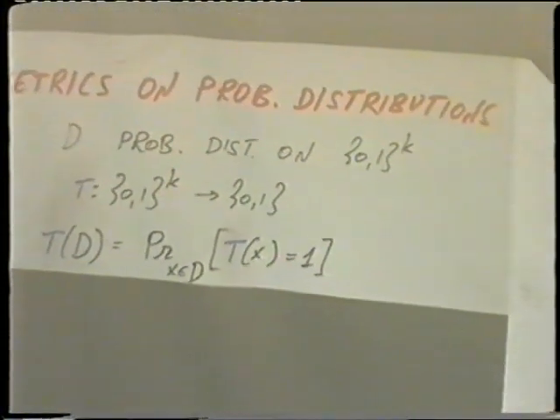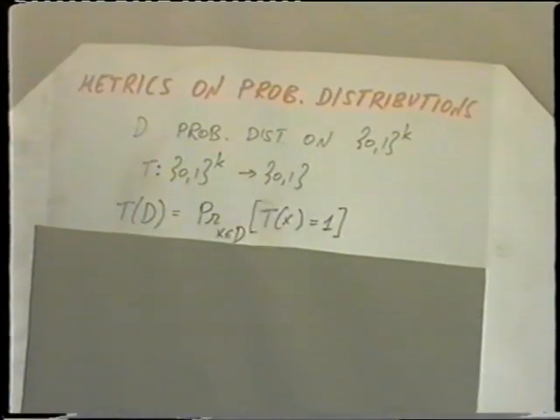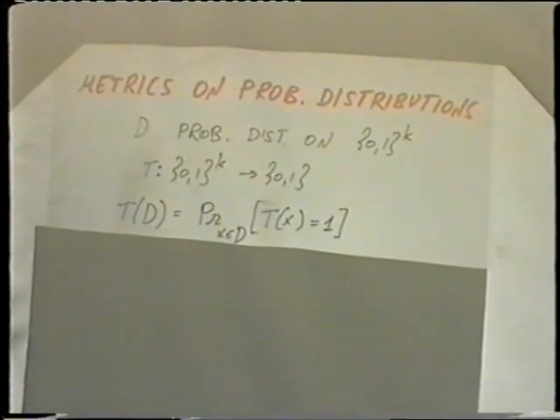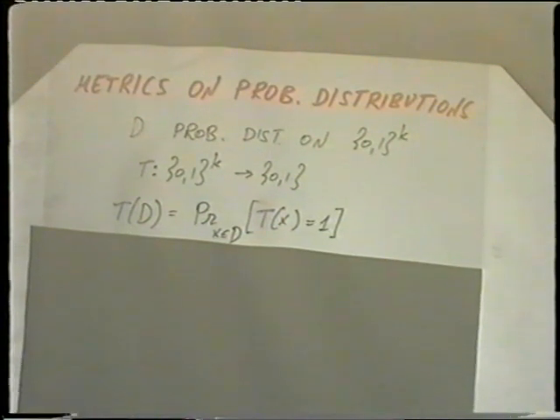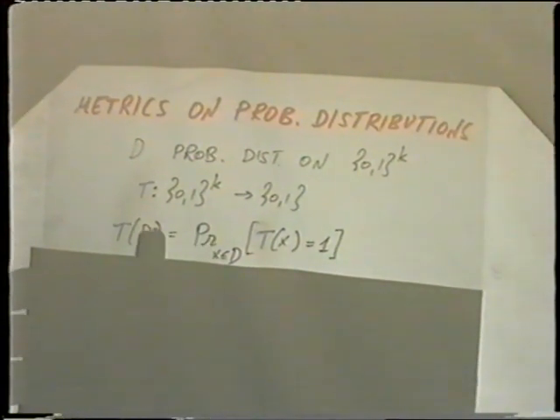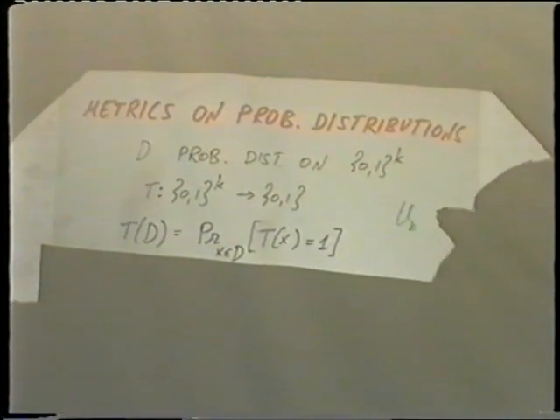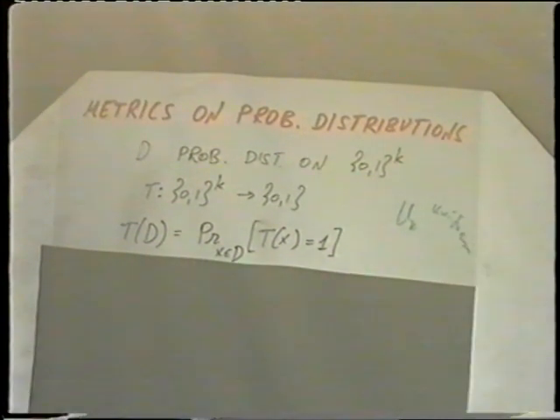So t is a function on strings of length k that sends them into {0,1}. The test applied to a probability distribution is just the probability that, under this distribution D, the test t will say 1. And we will always write U_k for the uniform distribution. Of course, our prime example of a random distribution is the uniform distribution.